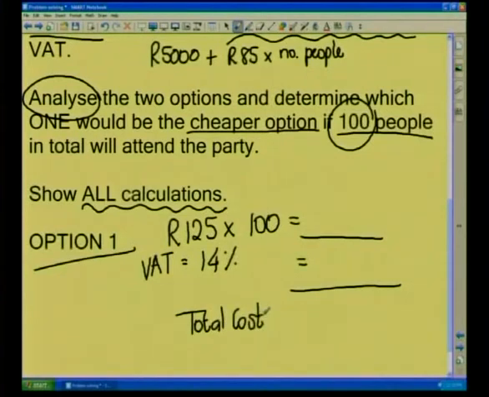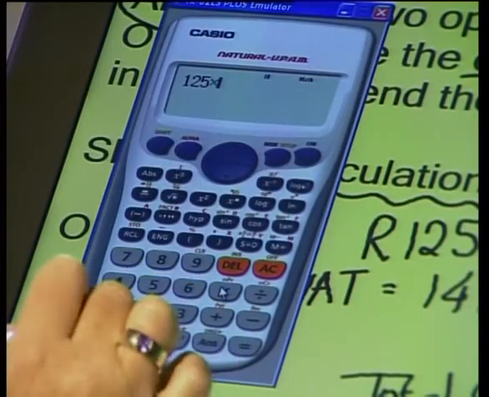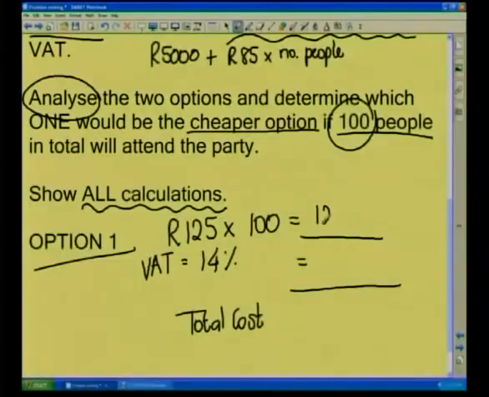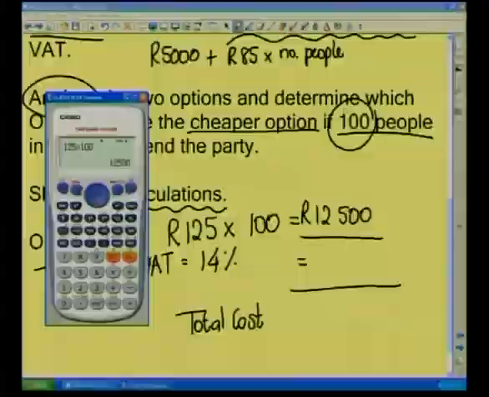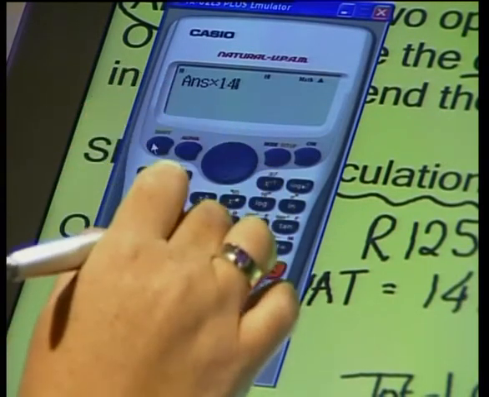So let's get out my calculator. 125 times 100 is equal to 12,500. And now we need to find out what 14% of that is. So I'm going to times this answer by 14%.